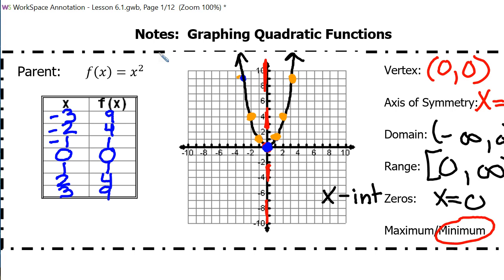So go over 1, up 1, over 2 and up 4, over 3 and up 9. So just remember to square. If I were to go over 4, how much would I have to go up? 16. We don't have room to do that, exactly. Okay, so let's look at number 1.